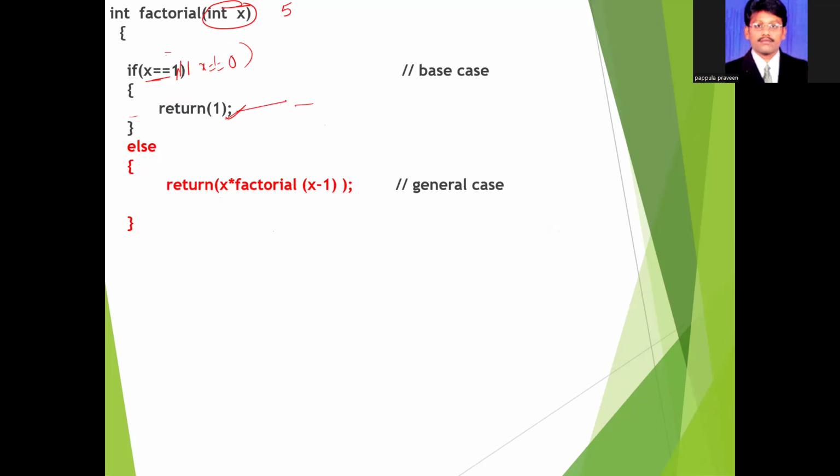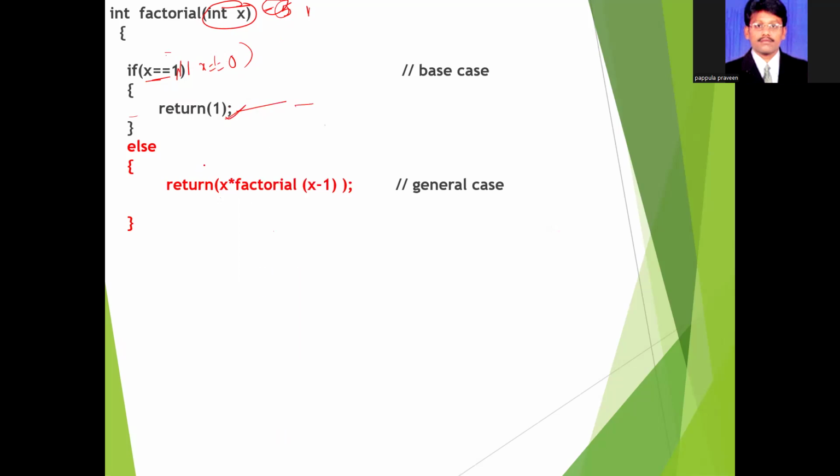So the base condition is satisfied. What is the initial value? Take, for example, 1. So x equal to 1, return 1. Base condition is satisfied.